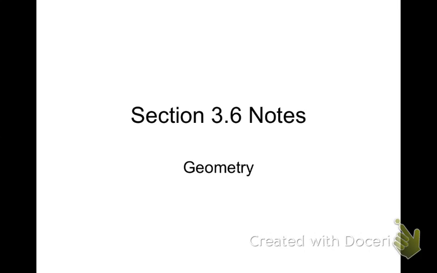We get corresponding angles that are congruent, alternate interior angles that are congruent, alternate exterior angles that are congruent, and consecutive interior angles that are supplementary. Then we got into what you took your quiz on today, the slopes of parallel and perpendicular lines, and then writing equations of parallel and perpendicular lines. So now we're going to talk about theorems that incorporate parallel and perpendicular lines.